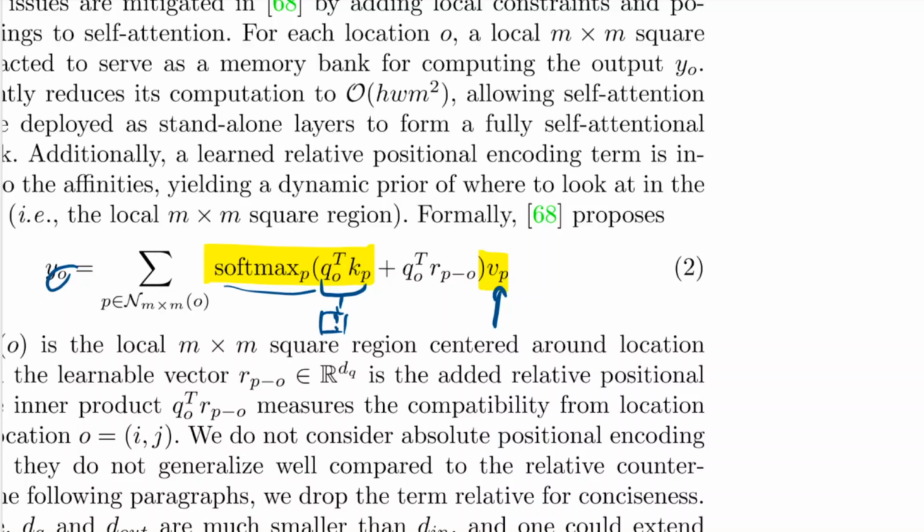Okay, so how should you aggregate information? This comes from this query at the output position and the keys at the input position. And now you add to that this thing right here, which is again an inner product between the query and the positional encodings.